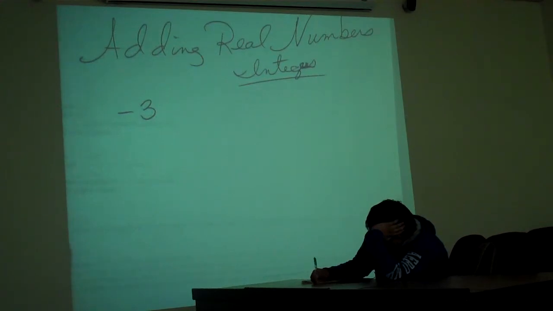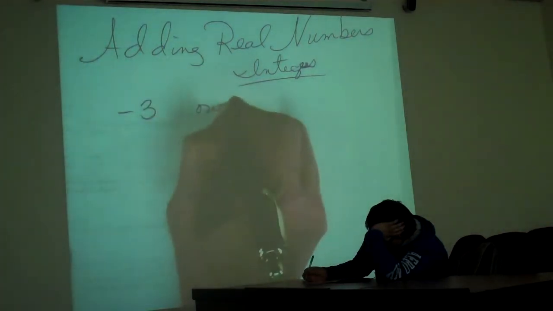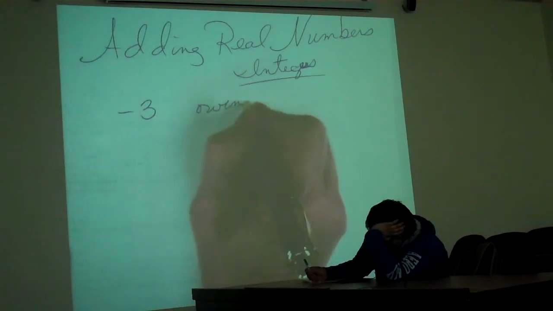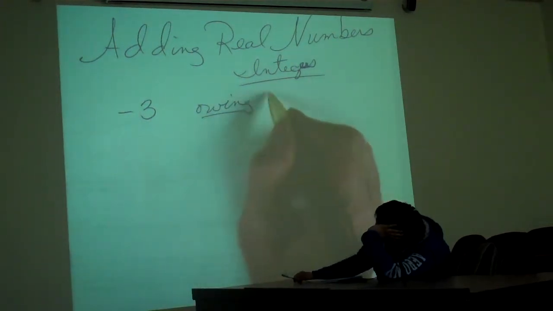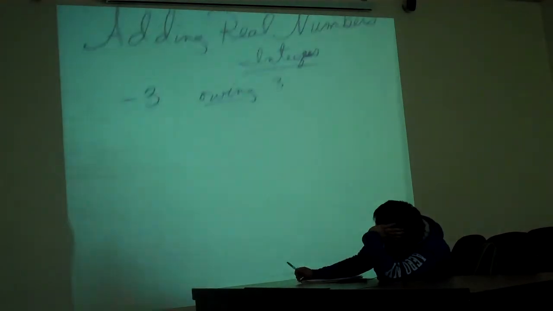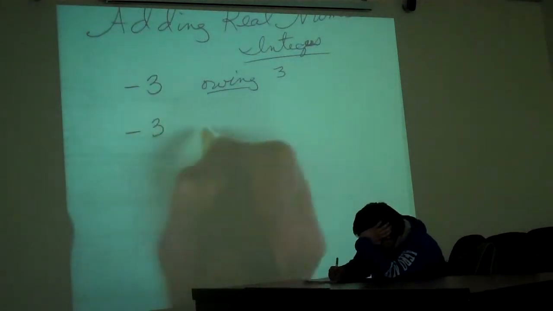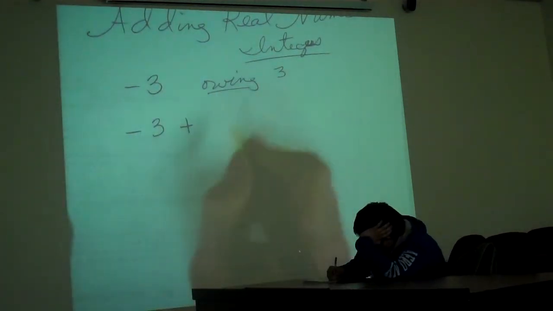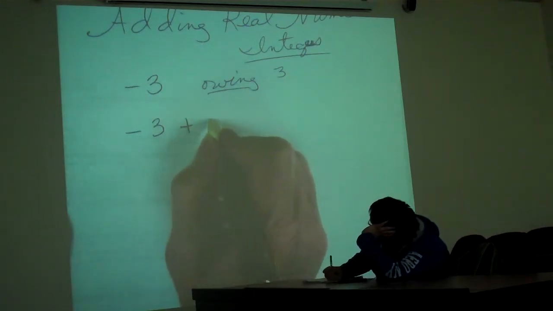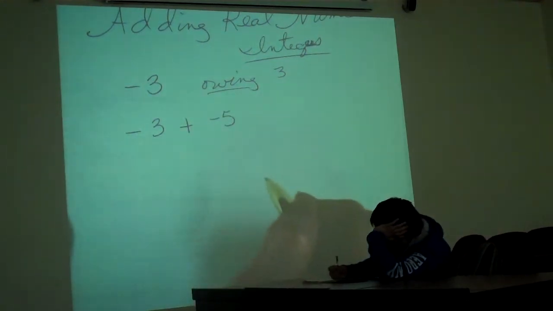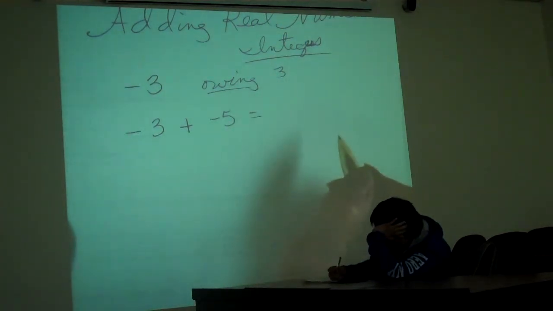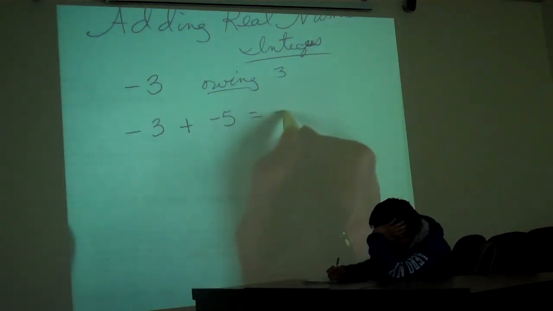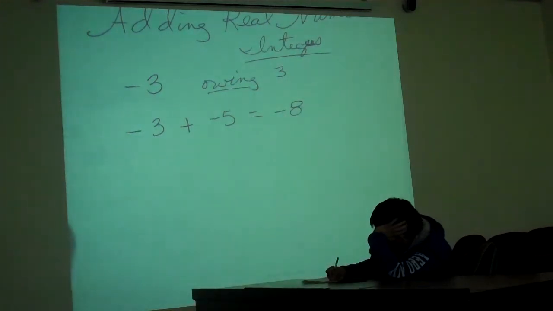If it's a positive number, think of it as having that money. What if you owe $3 and you have another bill of $5? You owe $8 altogether, don't you?